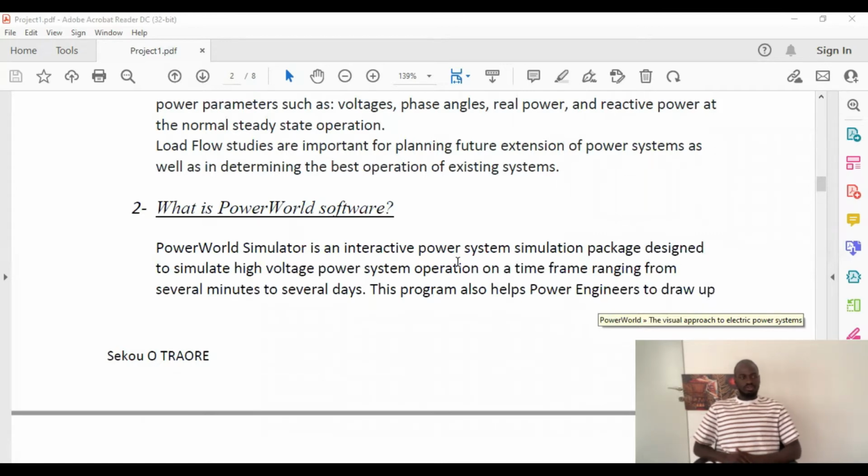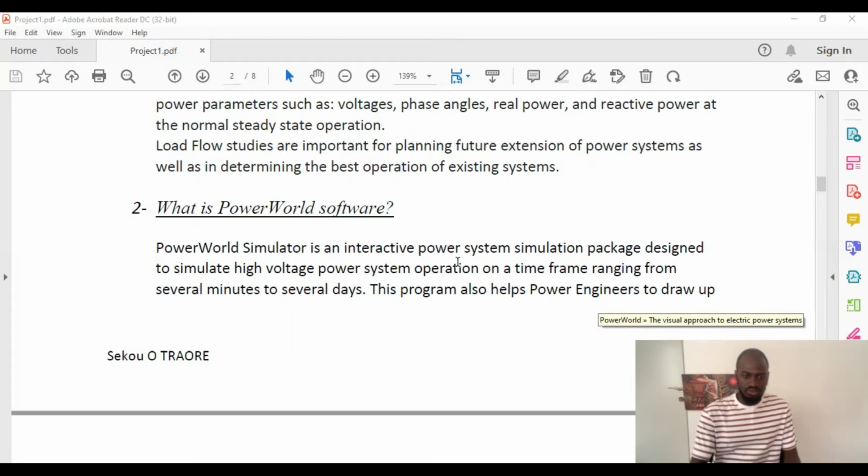For example, if a municipality or a utility company is trying to implement a new project for a vicinity, they do a simulation of the network before the real implementation, as you can see.